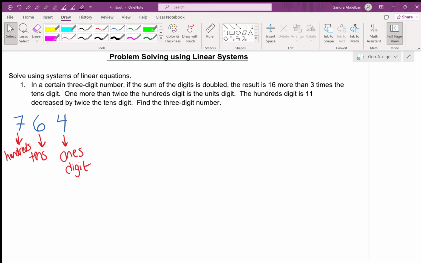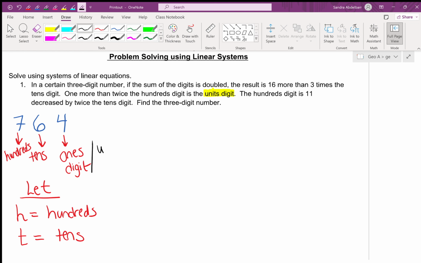So I'm going to let H equal hundreds. I'll let T equal tens. And here they're not calling it the ones. What are they calling it? The units. That's the same as the ones. So I'll let U be the units.